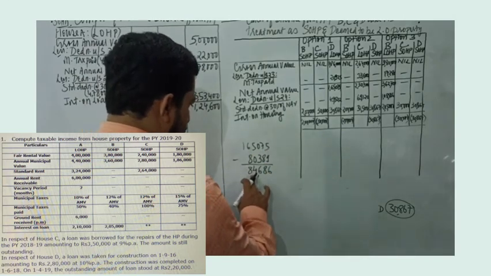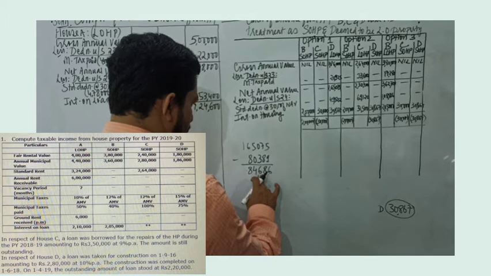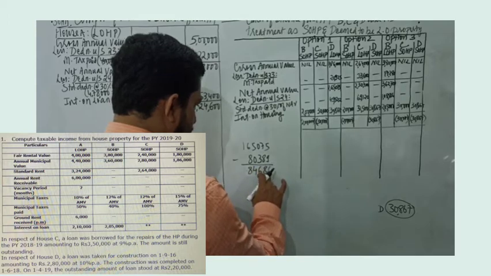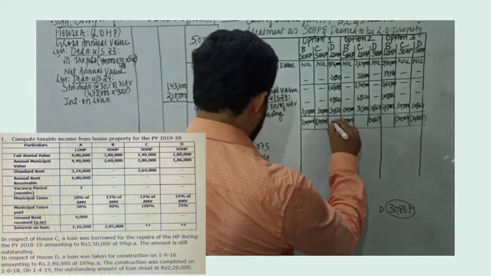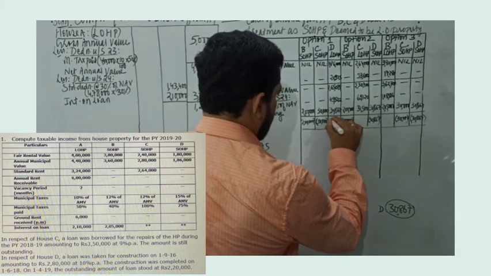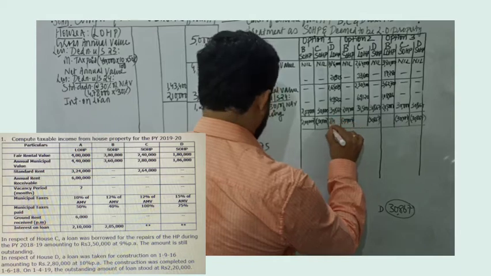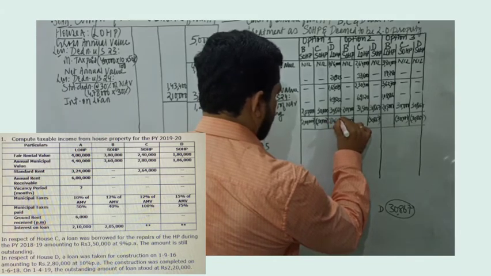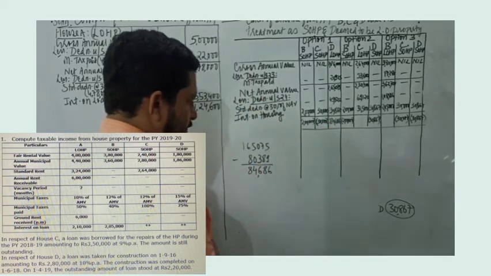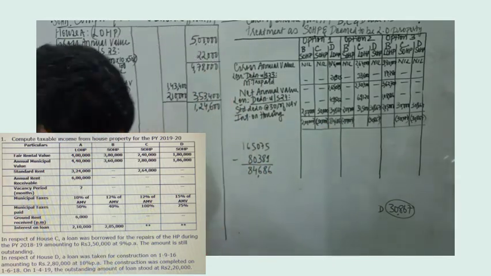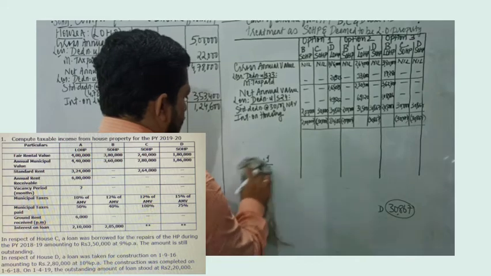So 80,160,164, 1,65,000, 69, 70, 75. So 84,686. 84,686 is the value.